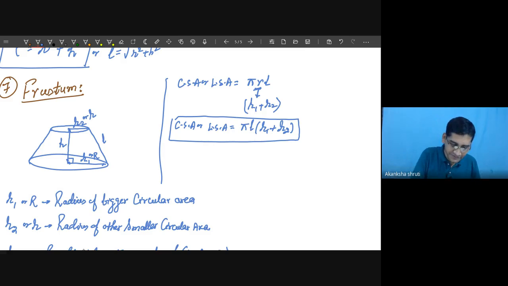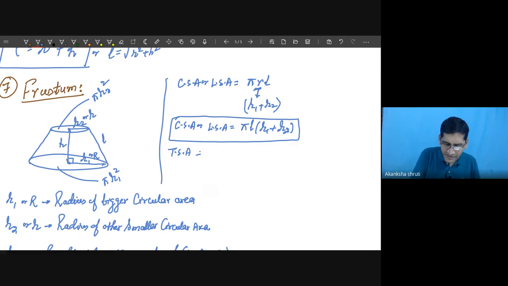Very easy. Now coming to the TSA. We have written the curved surface area. The top surface area will be how much? Pi R2 square, and the bottom surface area, very easy, pi R1 square.